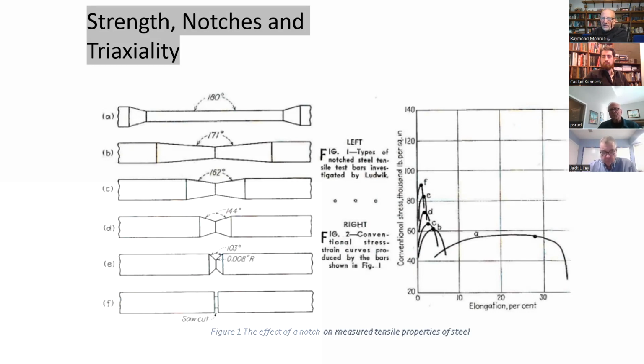Even a minor amount, a few thousandths of an inch misalignment will really cause the ductility to be much lower because you get a little bit of bending stress on it. And of course, because it's really looking for the weakest part in that cross section, if you don't taper it, it's going to break outside of the gauge, right, probably next to the grip. And you don't want it to break next to the grip.